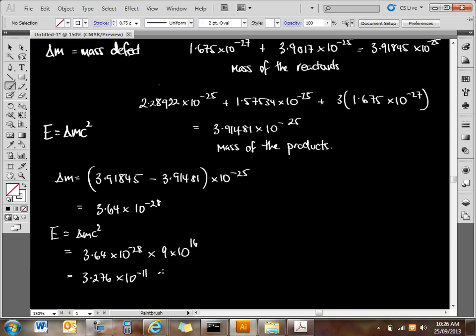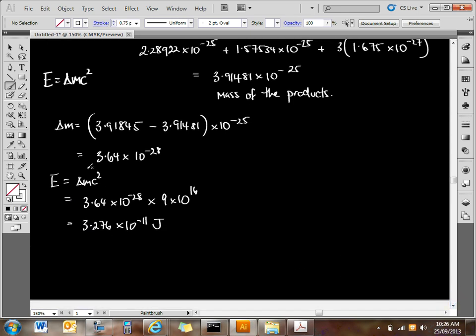You're going to get a value in joules, of course. That's how we do all calculations for energy. Change that to eV. So we take that answer divided by 1.6 by 10 to the minus 19 coulombs.